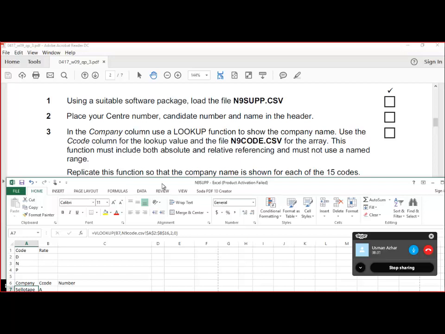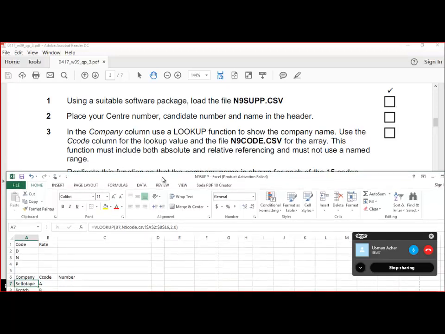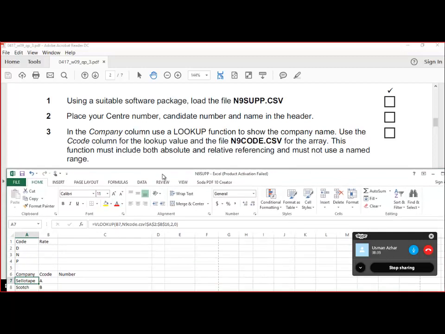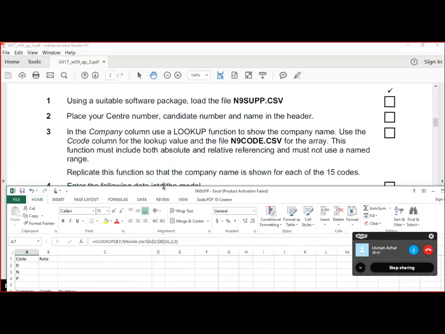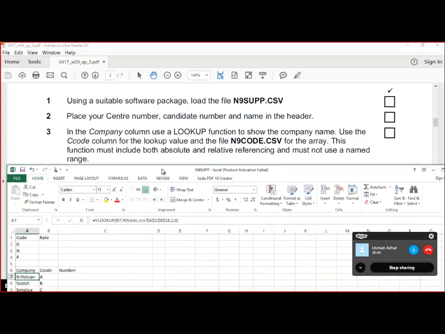What is 0? Exact match. False. Exact. One was approximate. Okay. Take your time. I want your concept to be clear. We are not running a race. Okay.